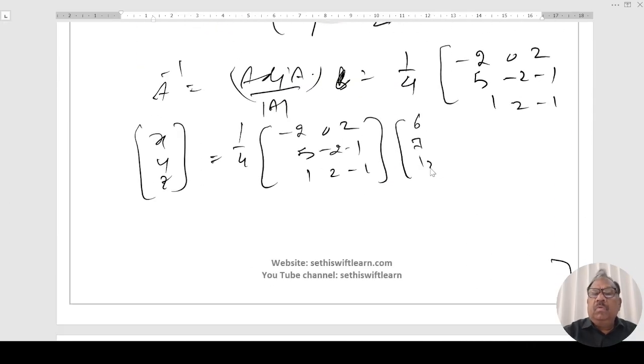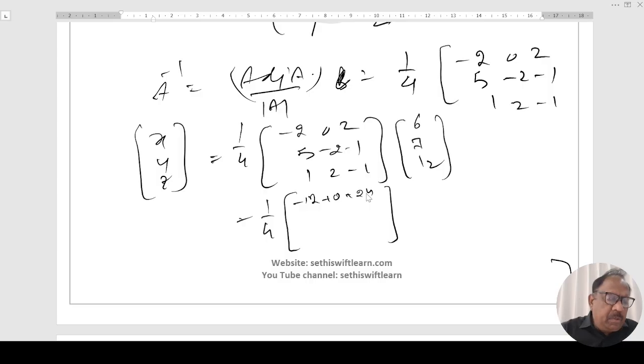On multiplication we will get, first, minus 12 plus 0 plus 24. Second, this one is 5 times 6, 30, minus 14, minus 12.